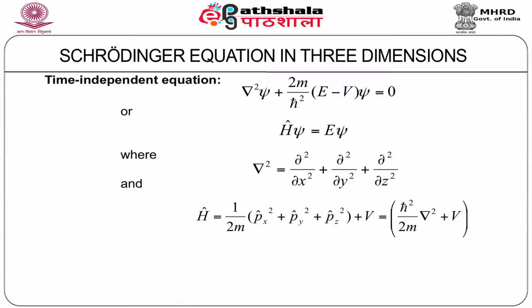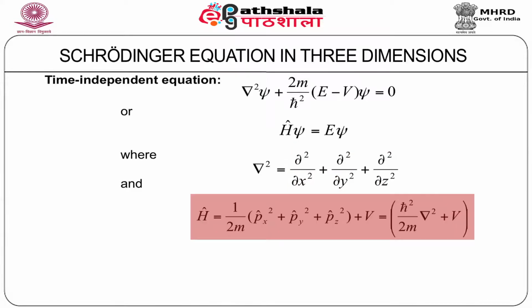If you do that, then the Hamiltonian operator becomes minus h bar squared by 2m, and then del squared instead of d squared dx squared, plus V. That is the form of the Hamiltonian operator, which you can see on the screen.